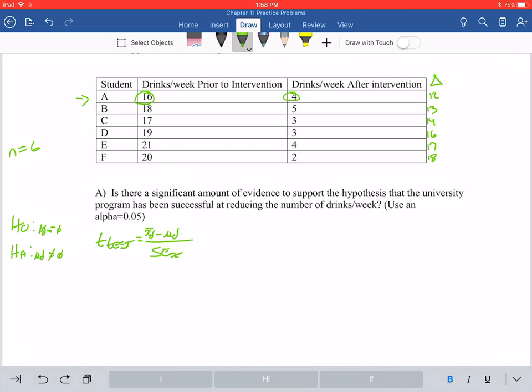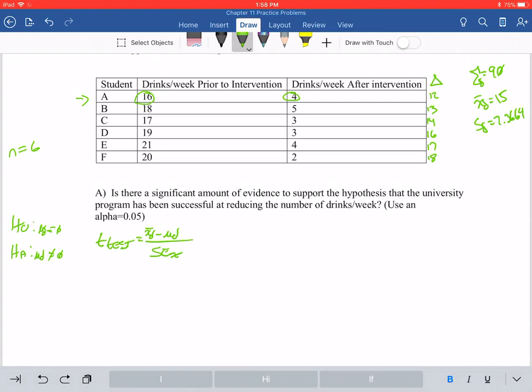Now that you have your new delta set, you can figure out the sum of your new delta set, which when you do that, you'll get 90 sum delta, and then your x bar delta is going to equal 15, and your standard deviation of delta is going to equal 2.3664.